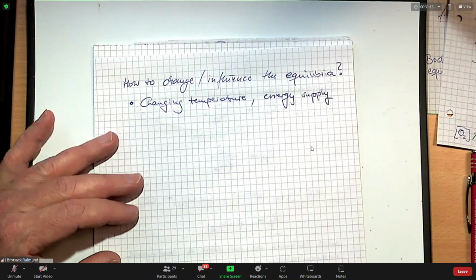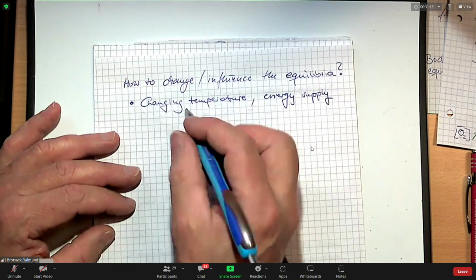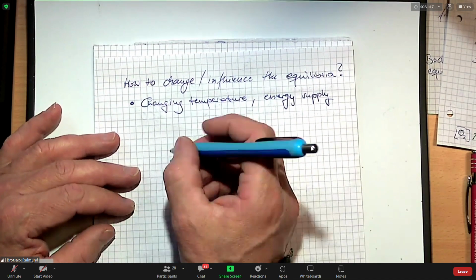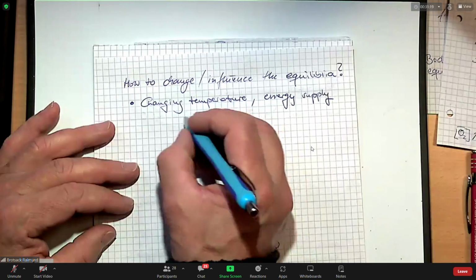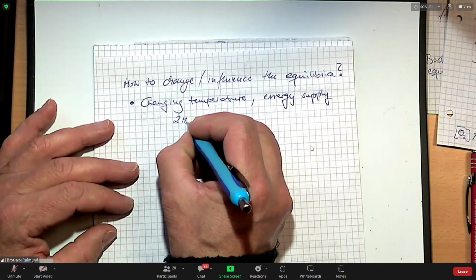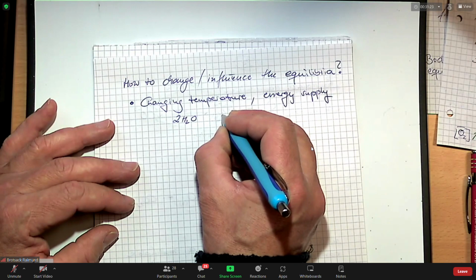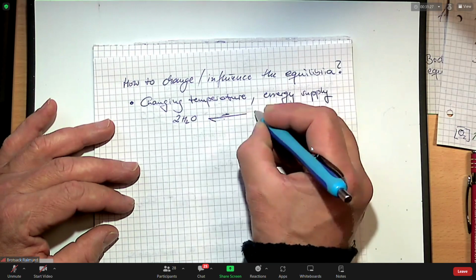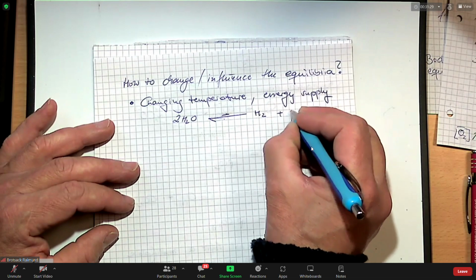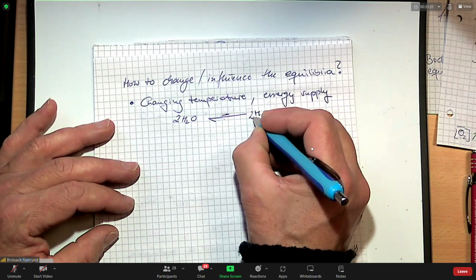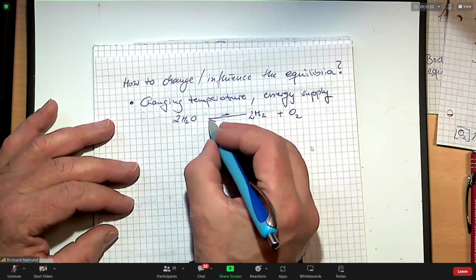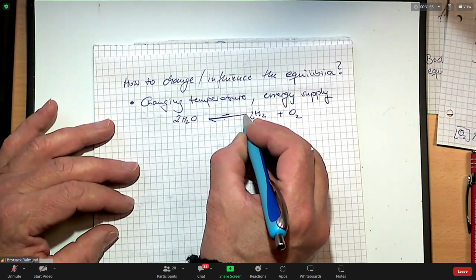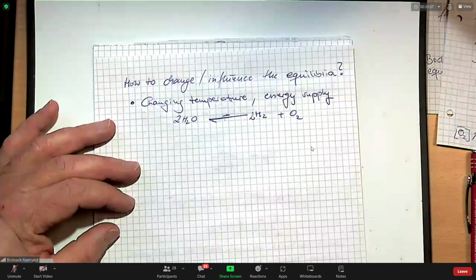Well, we had an example. We know the way of the reaction backwards. If you have two water and you want to produce hydrogen and oxygen, normally that doesn't work. It's totally on the left side. That's the vice versa reaction we already had.